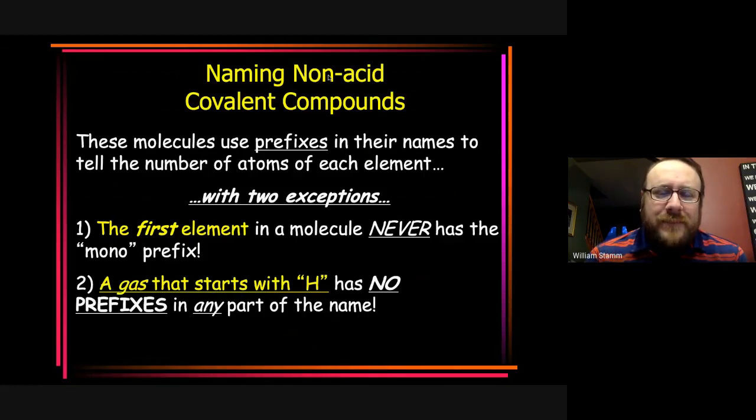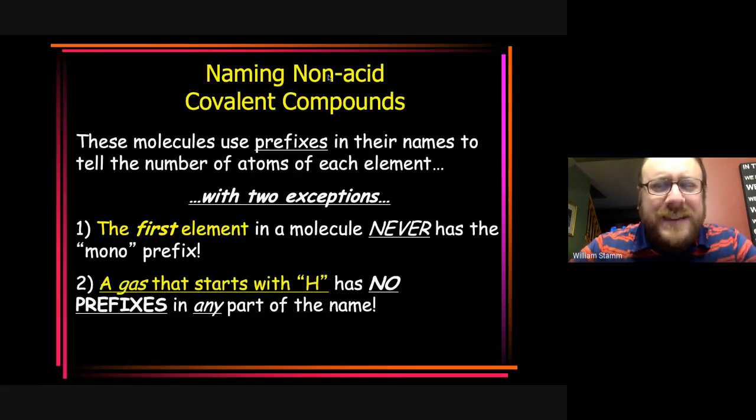And it begins with a hydrogen. There's no prefixes in any part of the name. And I'll show you an example of that. You're not going to see many of these, but if it has an H in the beginning and it's a gas, don't use any prefixes. Just use the root words, the element names. So we'll see examples of these two exceptions, but they're important to keep in mind.